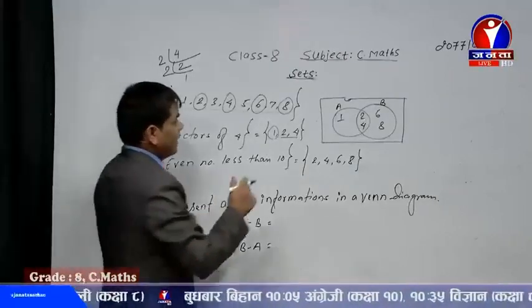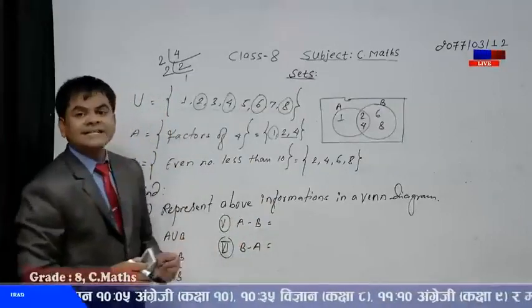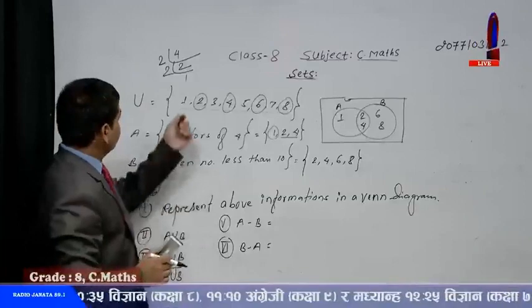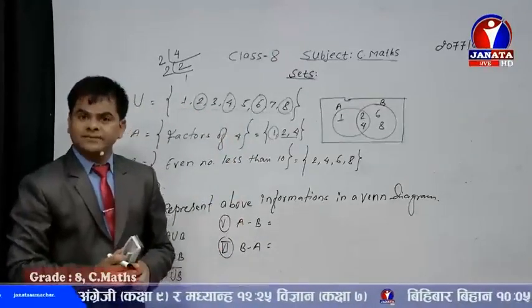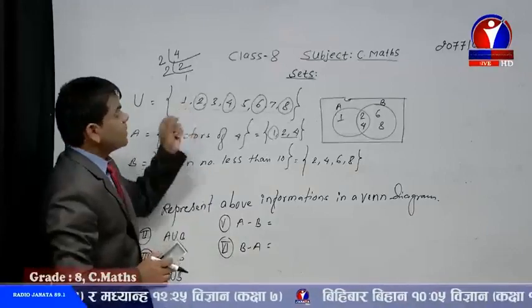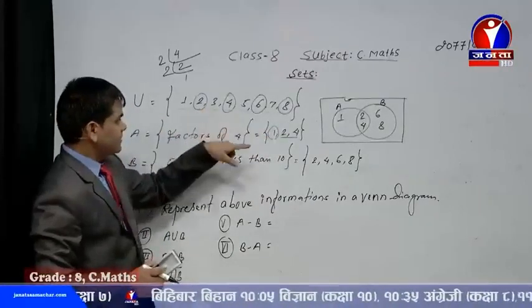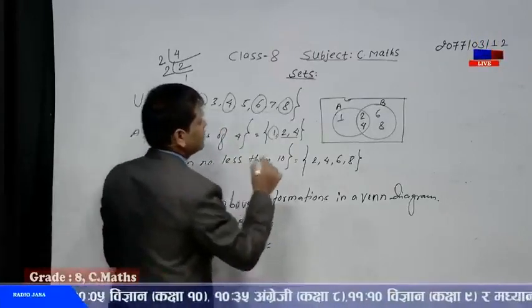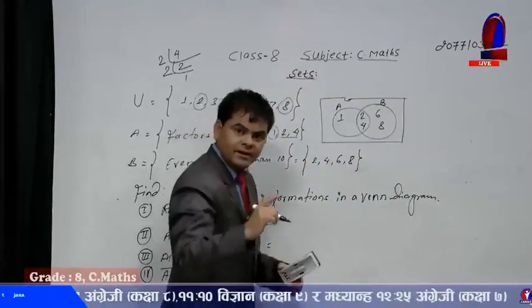Now, dear students, still remaining is to complete the Venn diagram. We have only presented the information of set A and set B. Now we need to fill in the information present in the universal set as well. 1 we have already represented there. 2 we have already represented. Now there is still 3 to be represented. It comes outside of both circles but inside the rectangle.